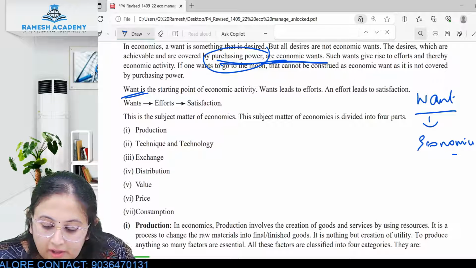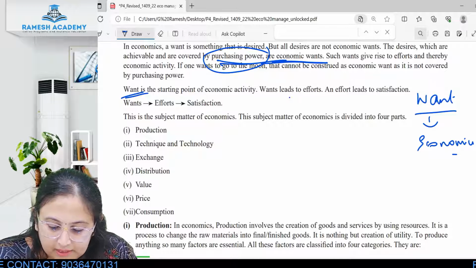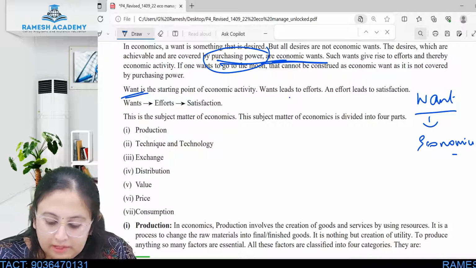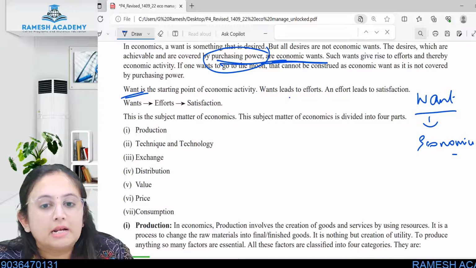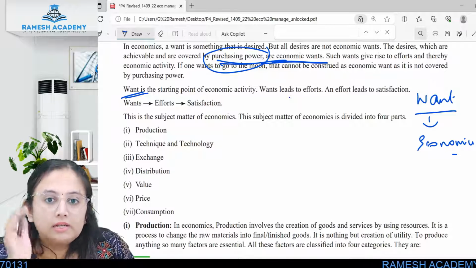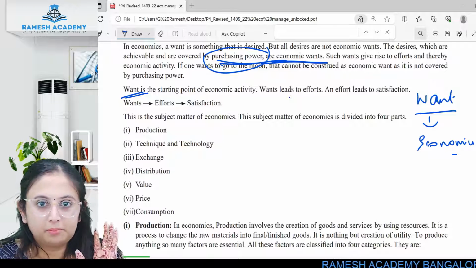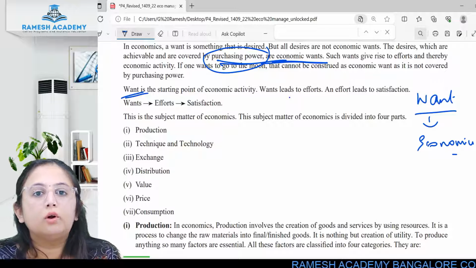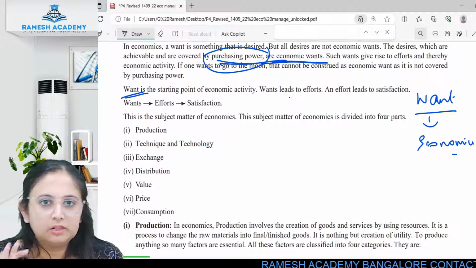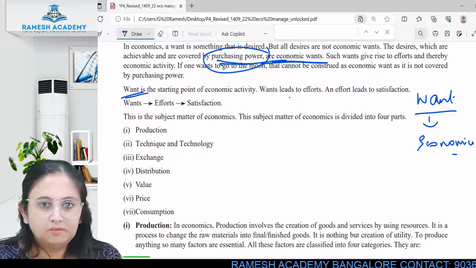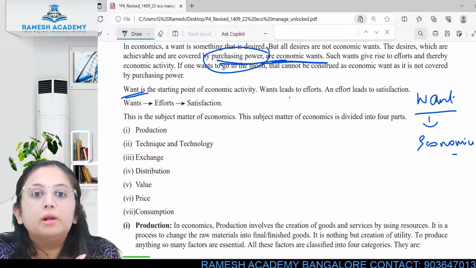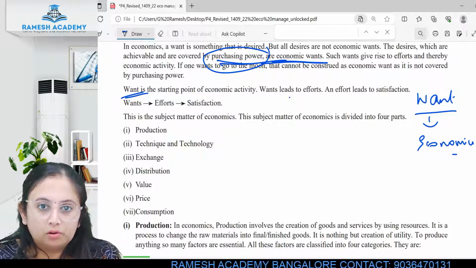So what happens when you have a want? It will lead to efforts, correct? When you have a want, it leads to efforts, and effort leads to satisfaction. For example, now I am earning 1 lakh rupees per month. I have a want to buy a luxury car, which is achievable. So I will put in more and more efforts so that I earn more, correct?